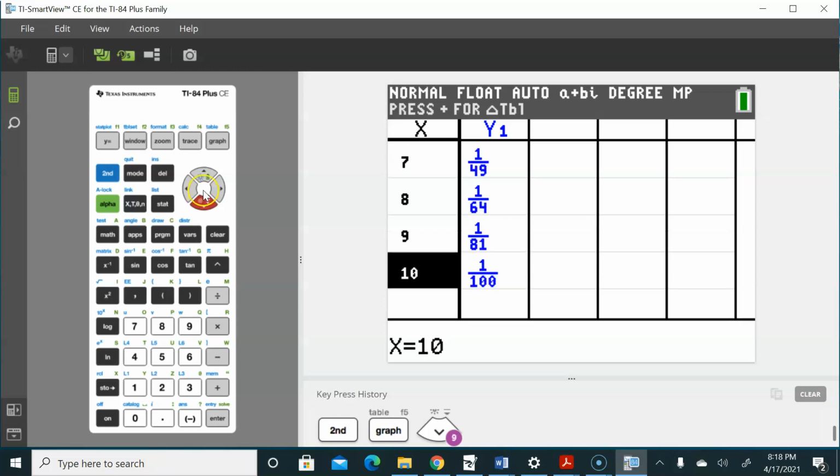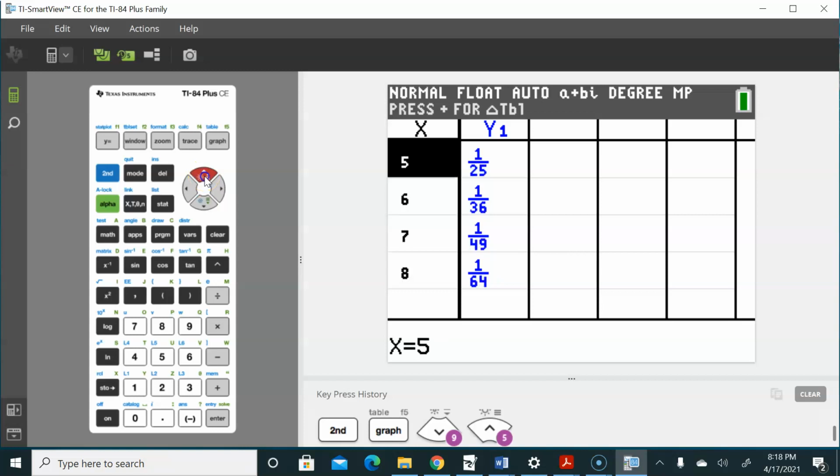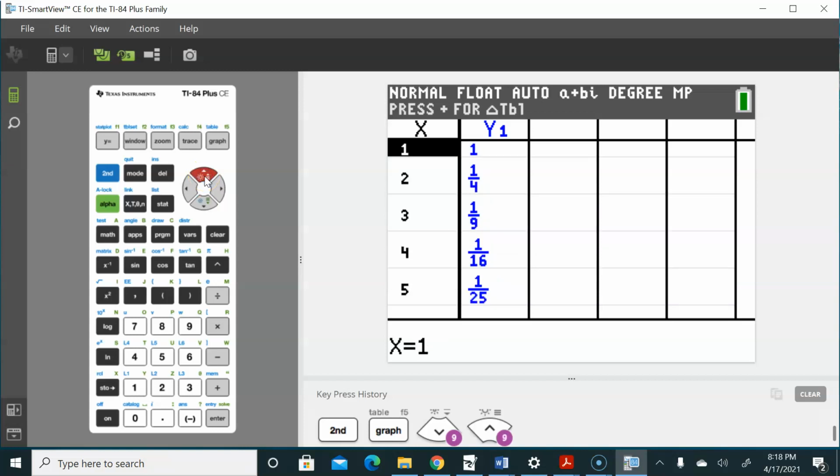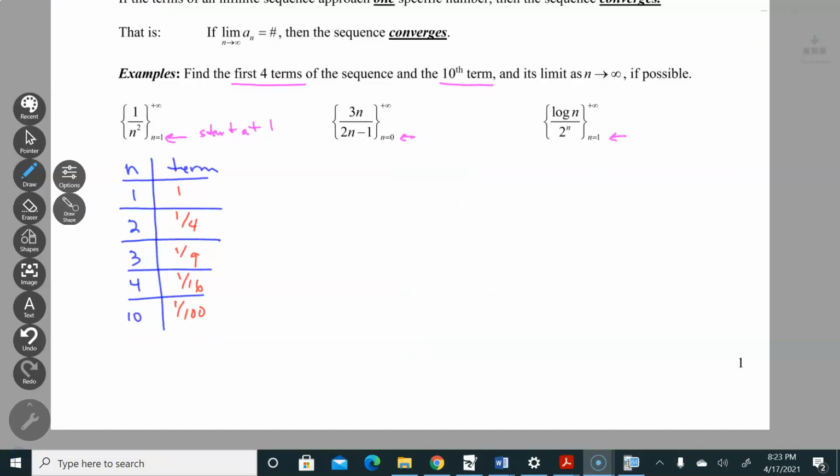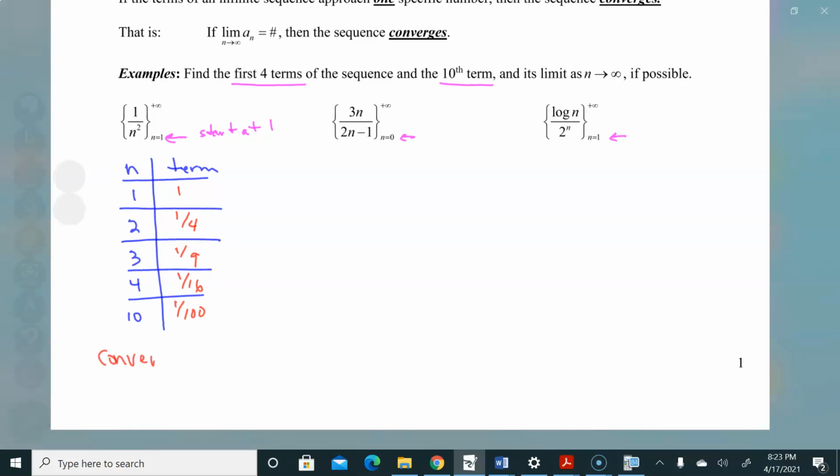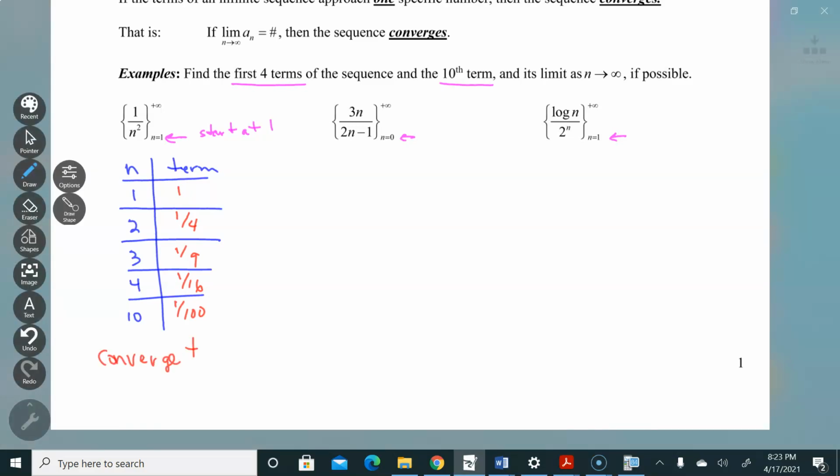I'm going to go back to where I have x equals 1 because I like it at 1 for future use. So I think you can see as I keep on putting bigger and bigger numbers in for n, I'm getting smaller and smaller fractions approaching 0, so this does converge to 0.